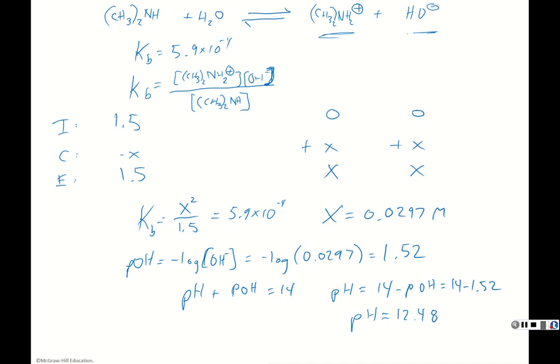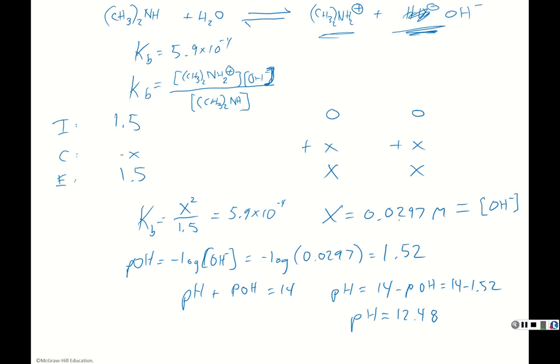Okay. You could also, just to remind ourselves, X is equal to OH minus. And why did I write it as HO? Sorry, this should be OH minus, not HO. That might have been confusing. But just to remind ourselves, when we're solving for X, X is OH minus concentration.